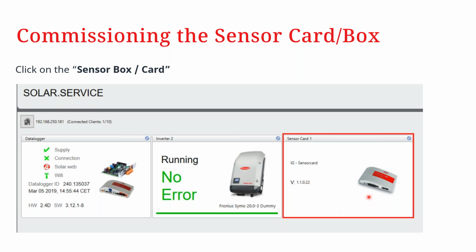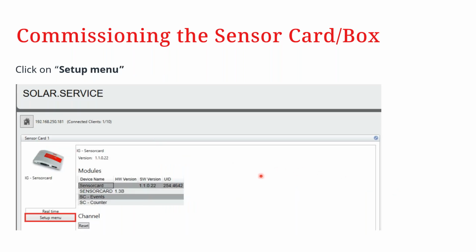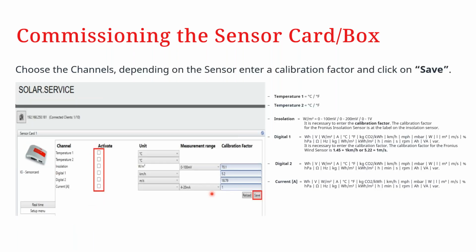Once you have the sensor card popped up, you can click on it, and it will take you to the sensor card homepage where you can select setup menu. Selecting setup menu will lead you to a landing page where you can do your configuration, just as we can see in this case.